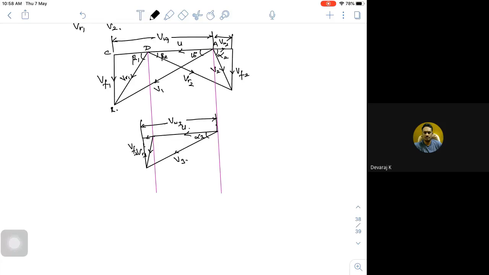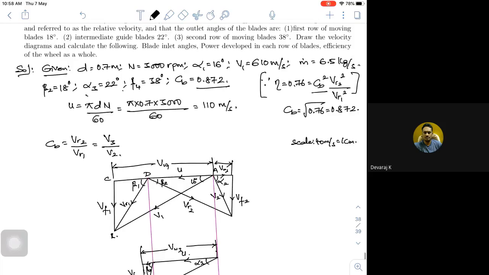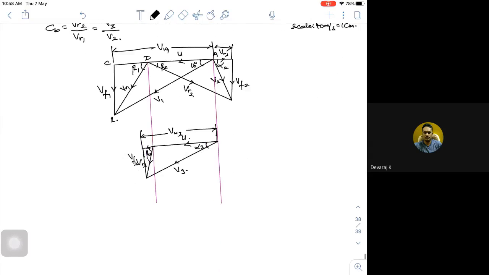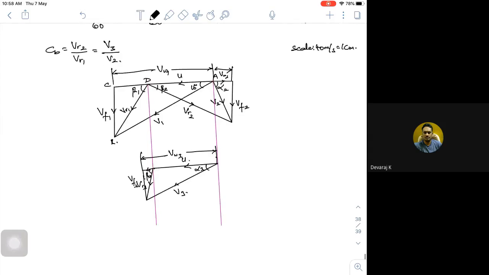Got it? Now this is your beta 3. Beta 4 is given as 38 degrees. With 38 degrees, this is your VR4, and VR4 by VR3 is once again 0.872.